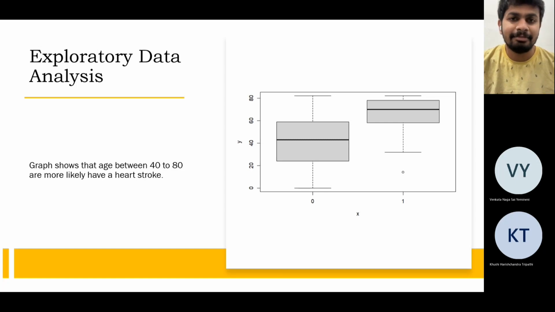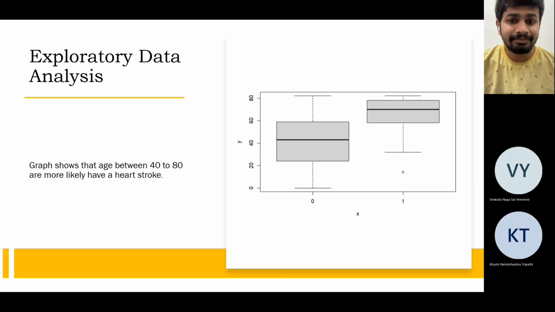Now the dataset is split in an 80 to 20 ratio. 80% of the data we use for training and the remaining 20% we use for testing.